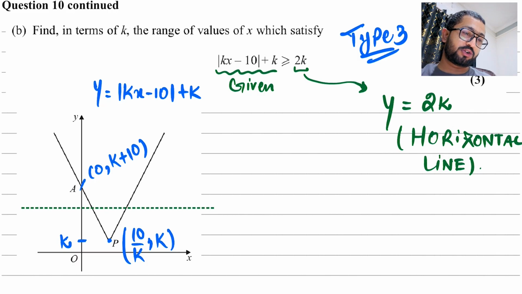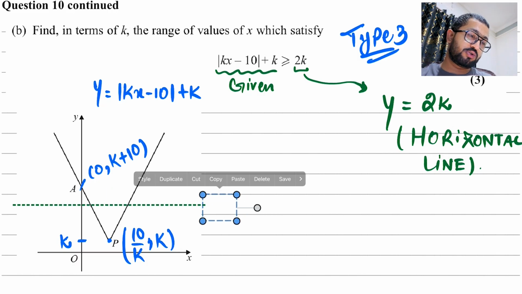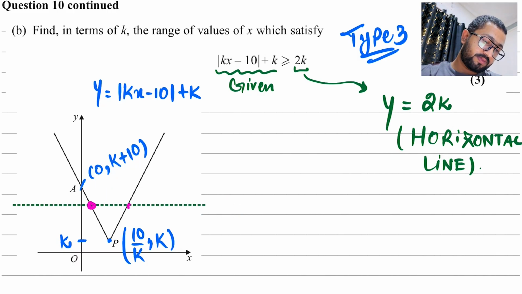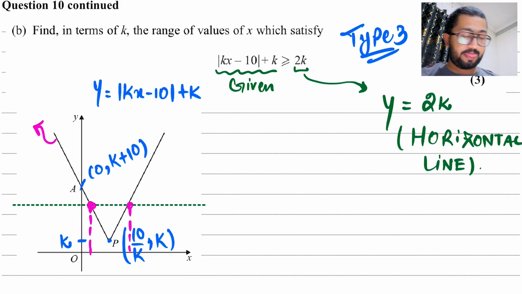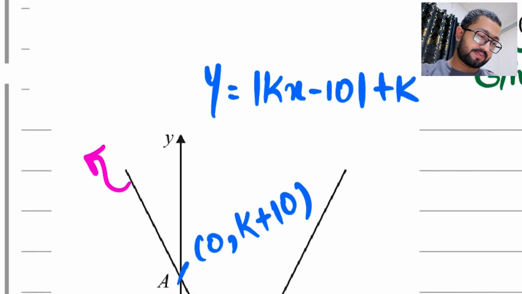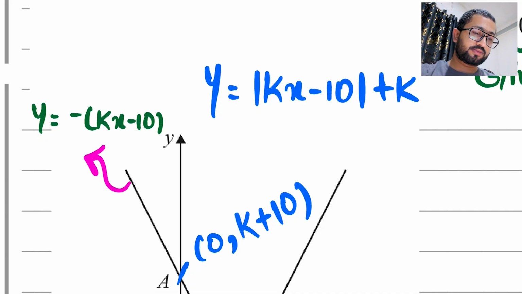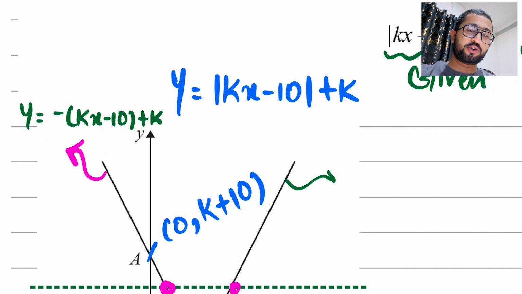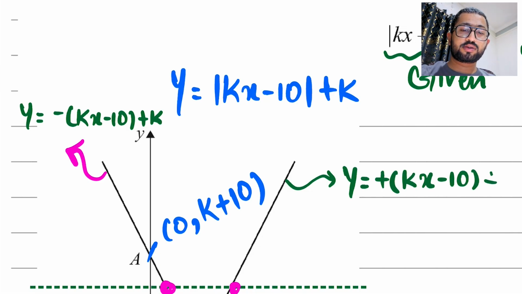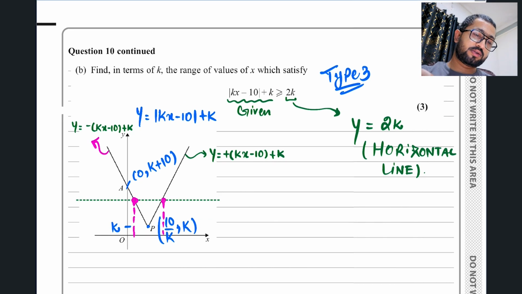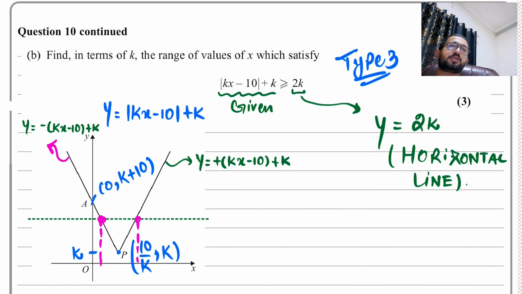So the horizontal line is going to intersect at how many points? 2 points. So find the points of intersection. Yes, everyone knows this line is actually going to open with negative sign, and this line is actually going to open with positive sign. Perfect.